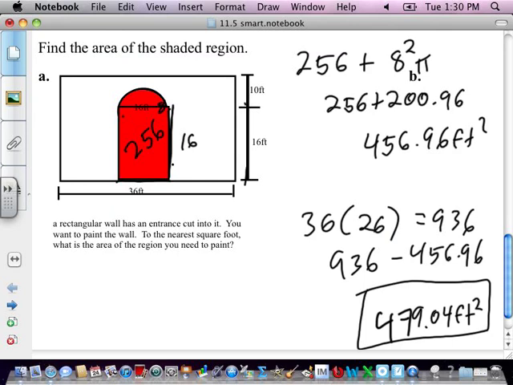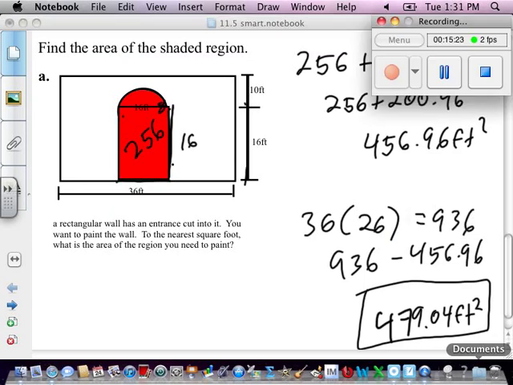This is the doorway, this is the whole thing, and that's the part of the wall that needs to be painted. Okay? All right, let's stop recording.